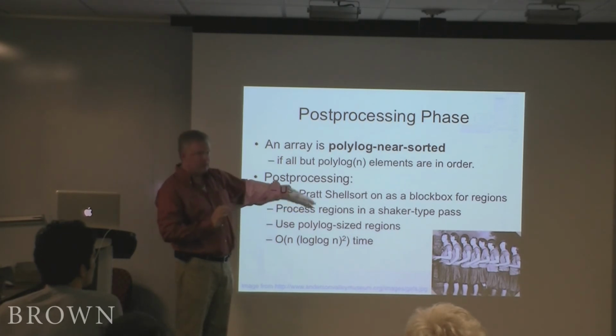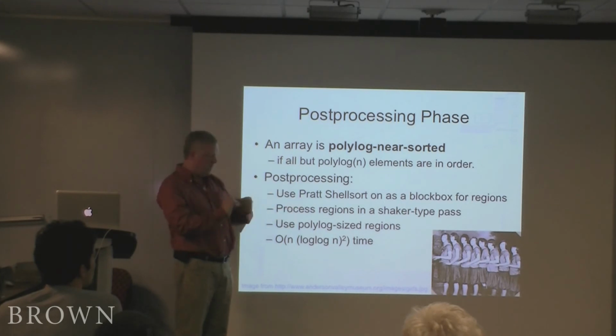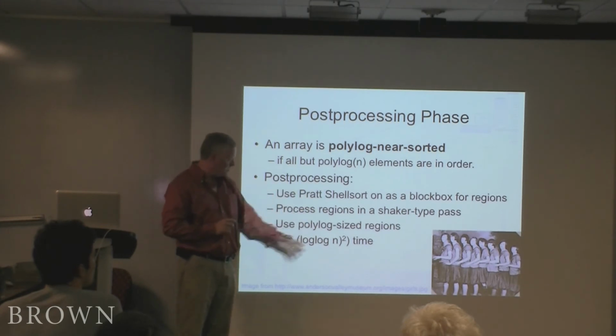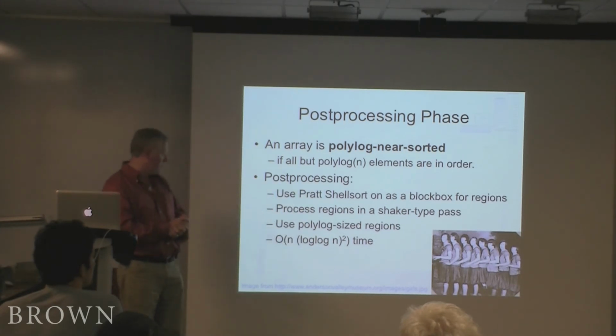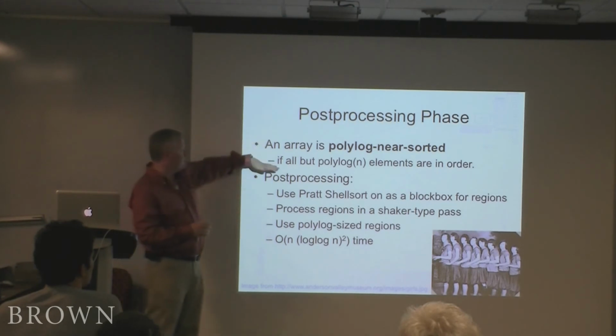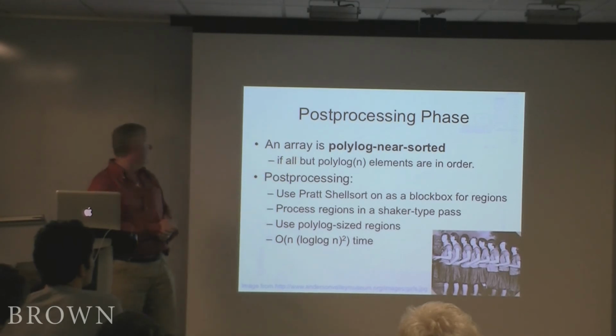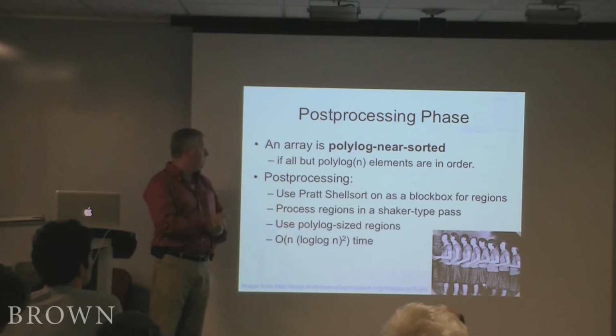That runs in n log squared n, but now n is polylog. So the total running time for this post-processing step is n times log n squared. If I can show that the array is sorted except for a polylog number of elements that might be out of order, then one more step and it's sorted, guaranteed.